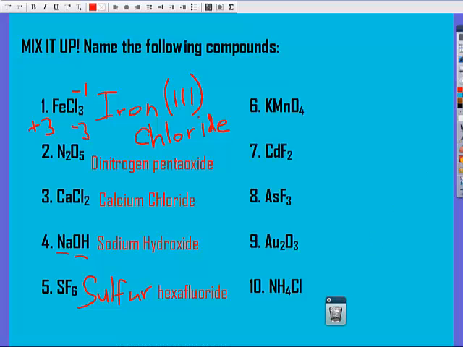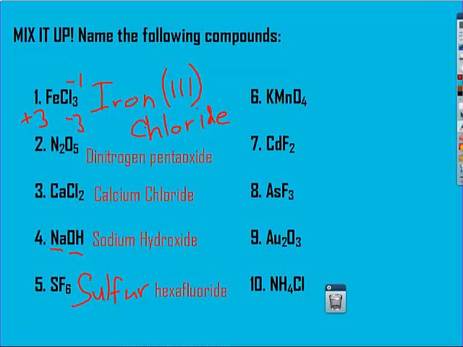Next one. Now I know I have 3 elements here, but I only have 2 things. What does that mean? I have a potassium and I have a polyatomic ion. You need to be able to tell what's a polyatomic ion and what's just an element, okay? K on the periodic table is number 19, and that is potassium.